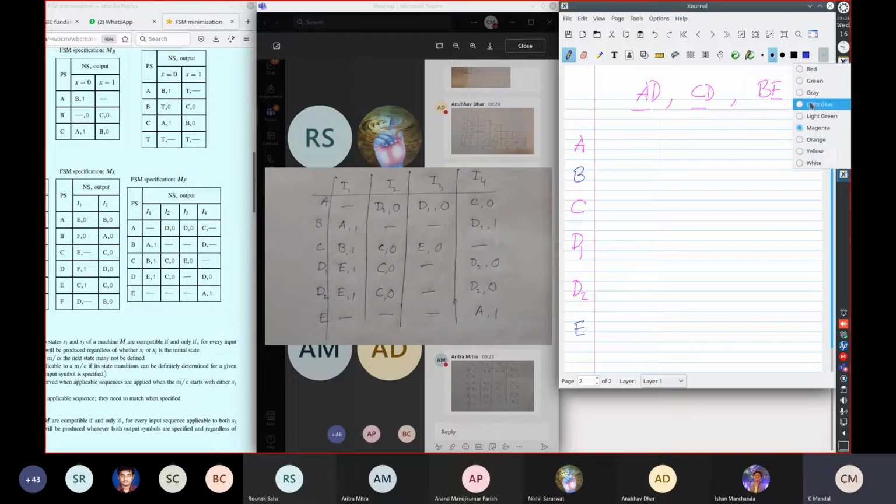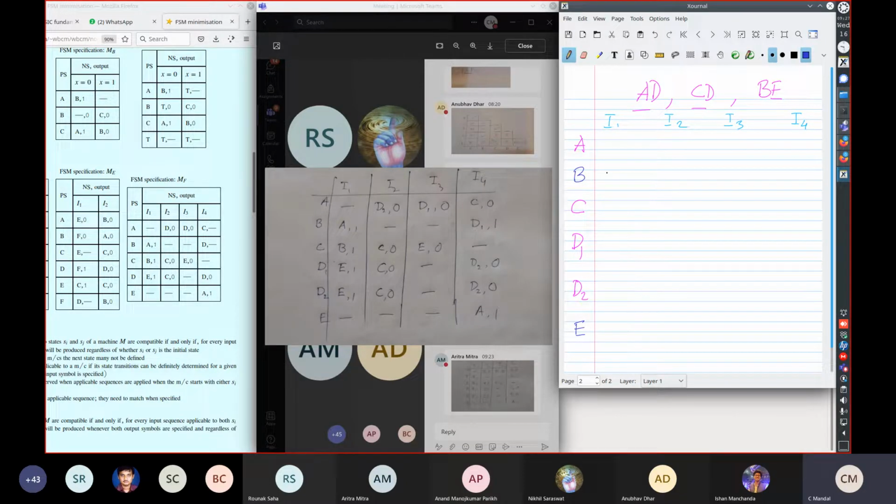So inputs are I1, I2, I3, I4. So first let us look at merging B and E.